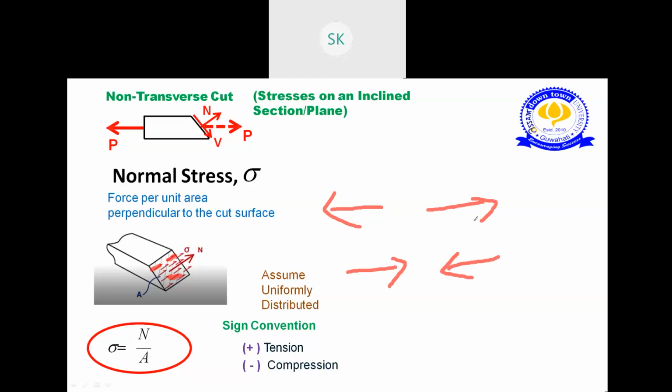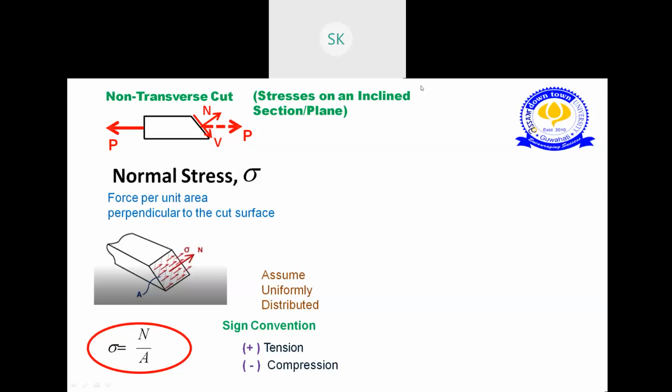So when you get the stress as negative, you will understand that the stress is compression. And when you get the stress as a positive value, then you should know that the stress is tension.